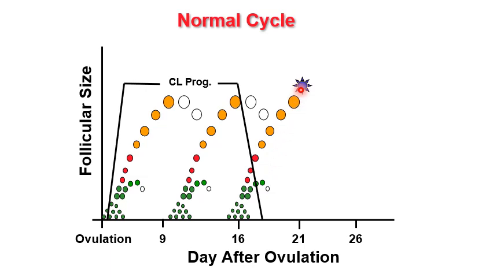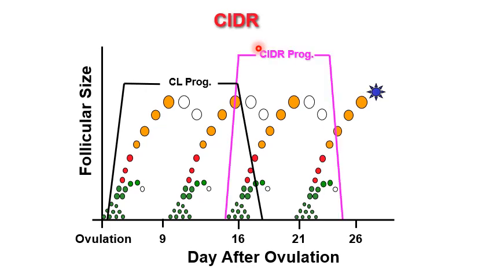And at the 3rd follicular wave, there is ovulation when the progesterone has already dropped. So this is what happens when we give the CIDR. We give the CIDR in here, prior to the normal regression of the CL, so there will of course be a rise in the progesterone level until the CIDR is in place.